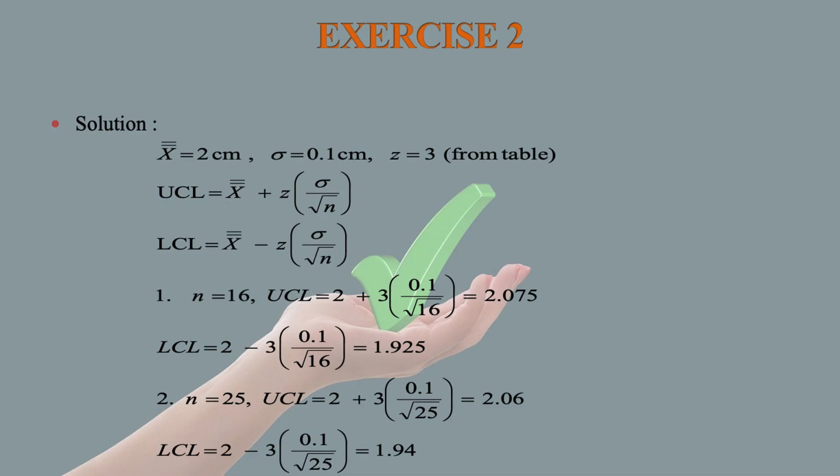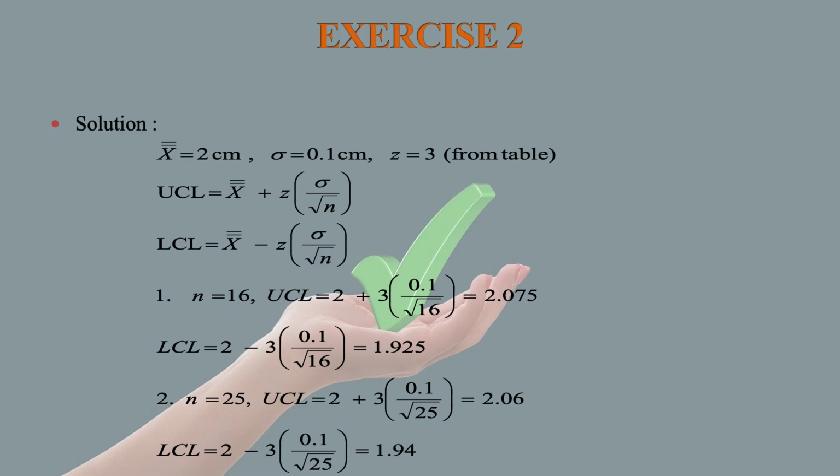So in this case, x double bar is equal to 2 cm, sigma is given as 0.1 cm, and z for this case, which covers 99.74%, the value of z will be 3, and this we can get from the statistical table. So upper control limit is equal to x double bar plus z sigma by root n. LCL is equal to x double bar minus z sigma by root n.